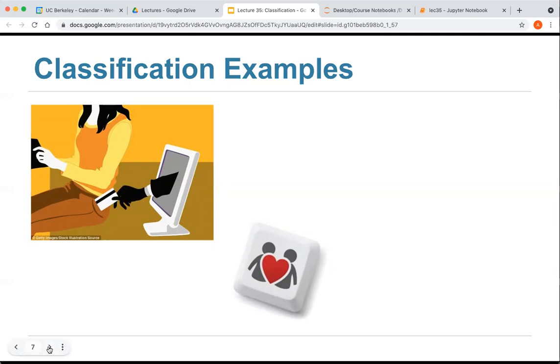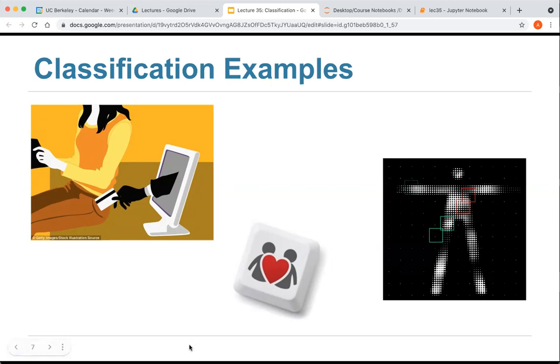Something that is relatively newer and very powerful is the use in medicine. So a few years ago, there was an example. There was an exercise done in dermatology, where somebody took pictures of lesions on people's skin.